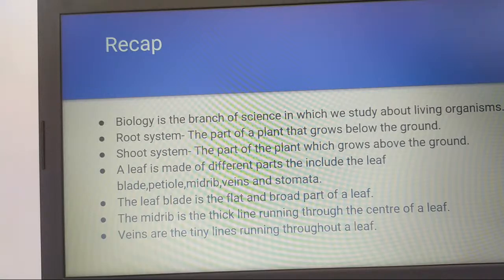The leaf blade is the flat and broad part of a leaf. The midrib is the thick line running through the center of a leaf. Veins are the tiny lines running throughout a leaf.